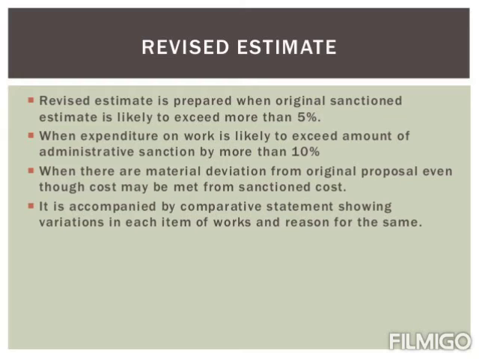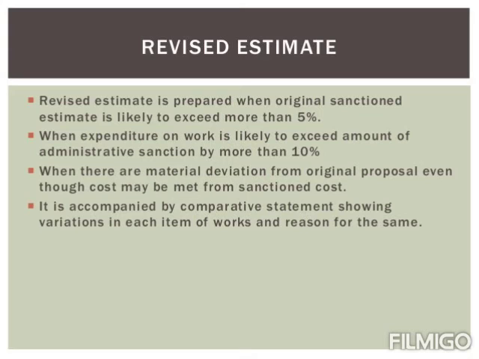Revised estimate. This revised estimate is prepared when original sanctioned estimate is likely to exceed by more than 5%. When expenditure on work is likely to exceed amount of administrative sanction by more than 10%.